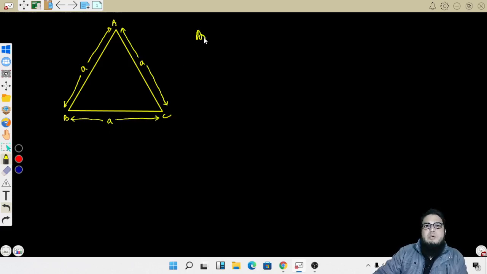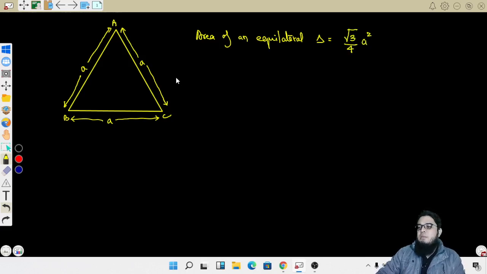If we talk about the area of an equilateral triangle, that will be root 3 by 4 a square. Root 3 by 4 is a constant value. Again, what you are getting is the product of two sides, that is a square, a into a.